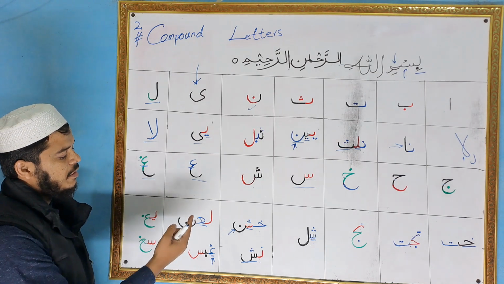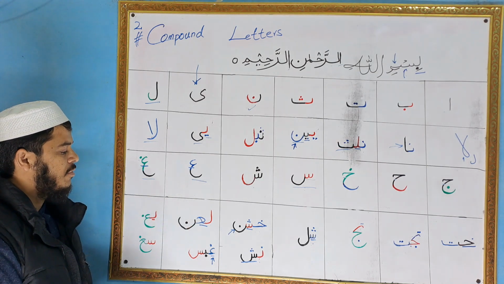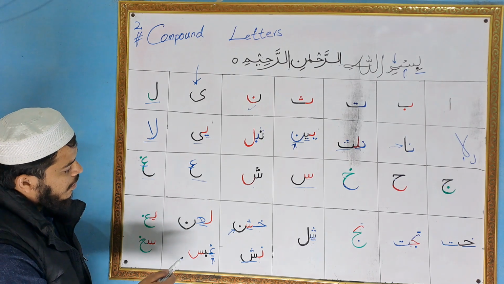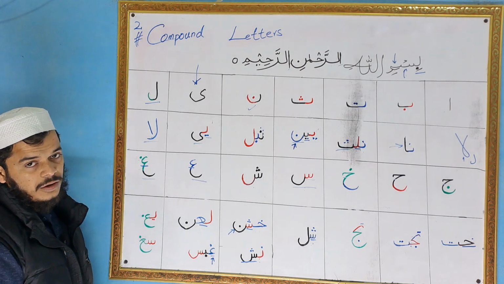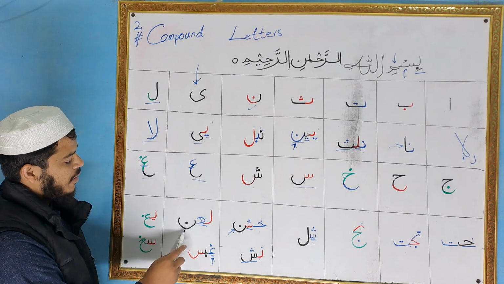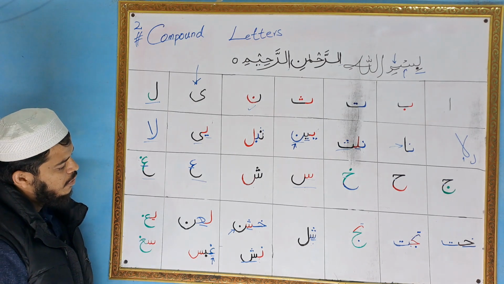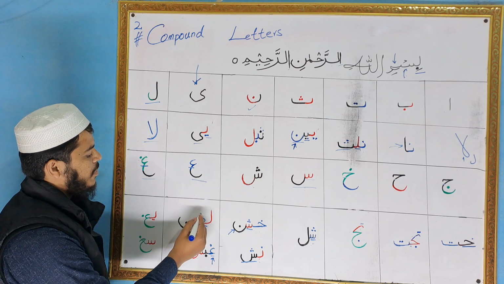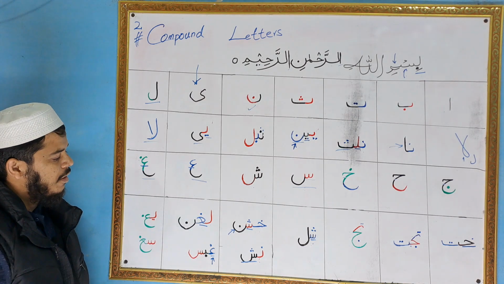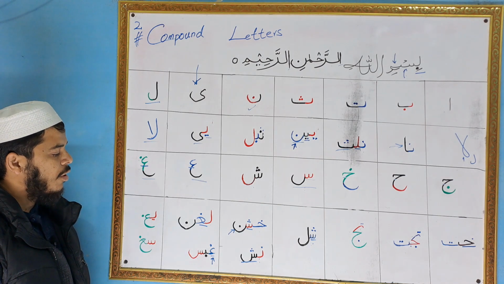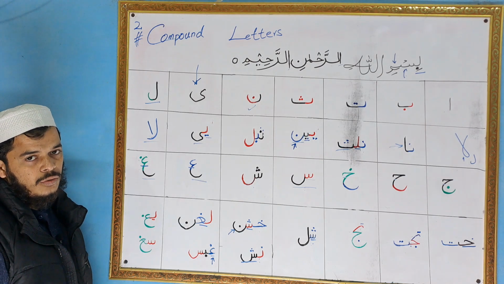There is no line connecting to it, so the straight line will be considered as lam. Then ayn, and then noon. And if you simply place a dot on it, it will be ghayn, lam, ghayn and noon.